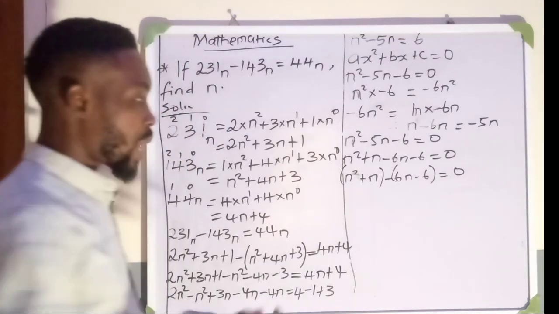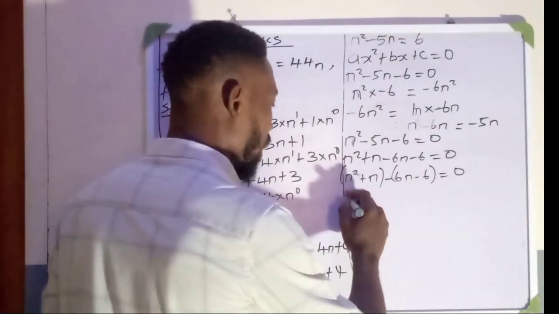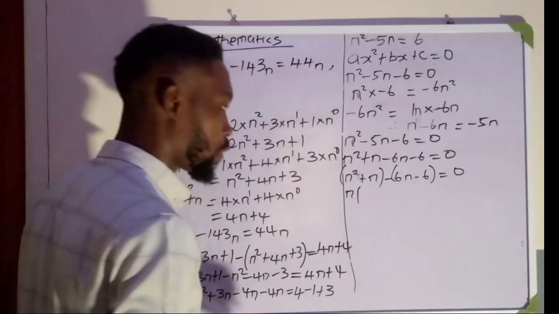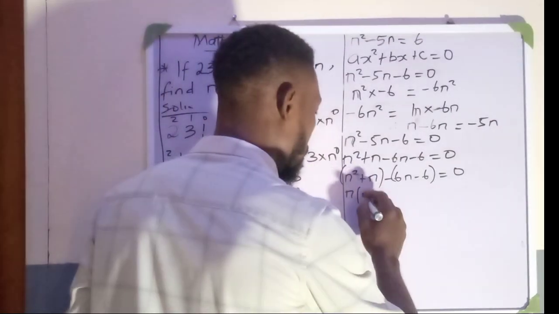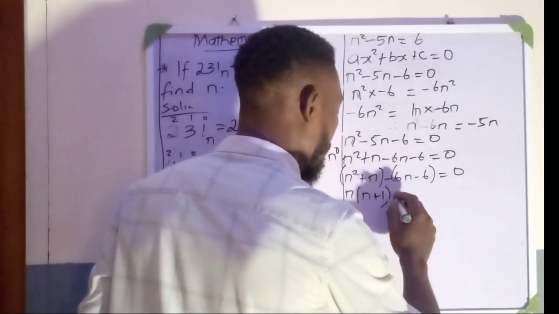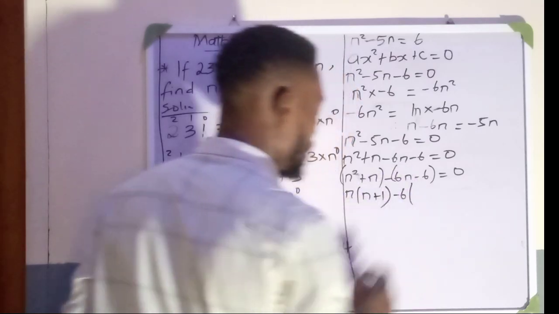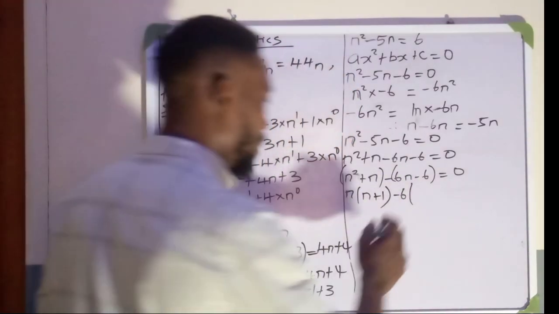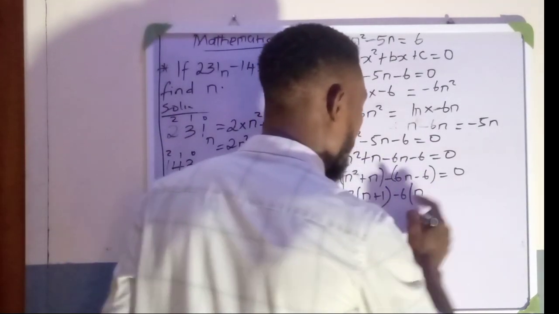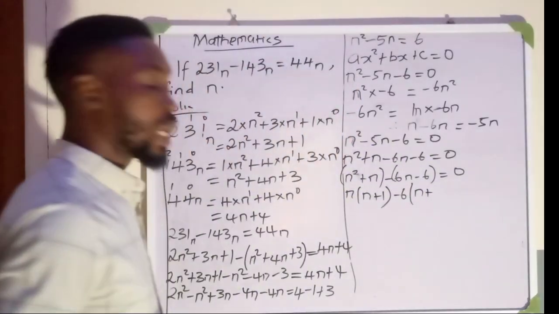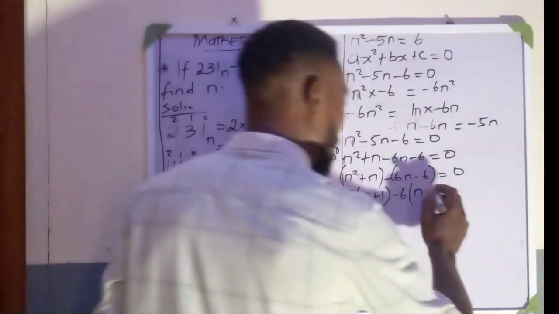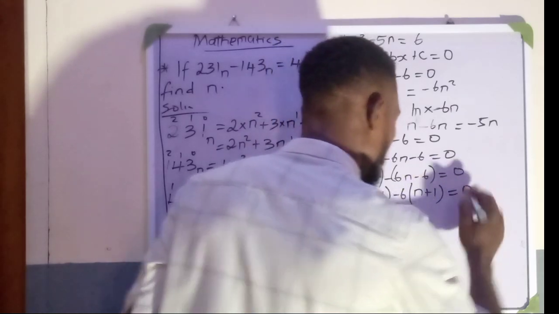And we factorize. What do we have common here? n is a common factor. So if you factorize, this will give us n plus 1. And here, minus 6. Minus 6n divided by minus 6 will give us n, because minus divided by minus is plus, and 6 divided by 6 is 1, and everything is equal to 0.